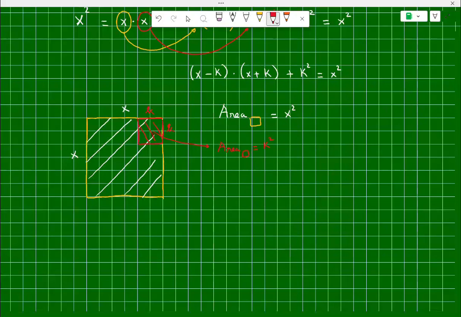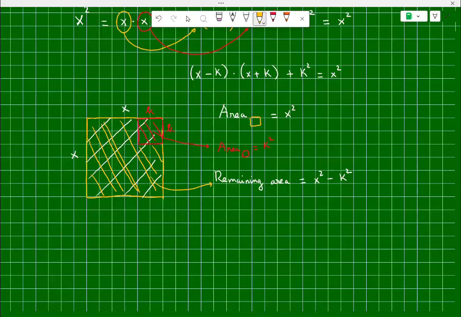If I cut it out from the bigger square, then the remaining area will be x squared minus k squared. So this remaining area right here is x squared minus k squared.